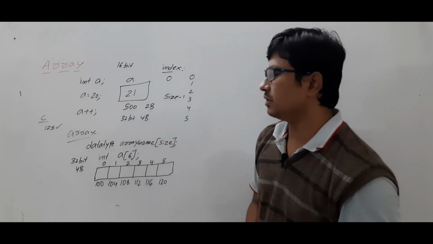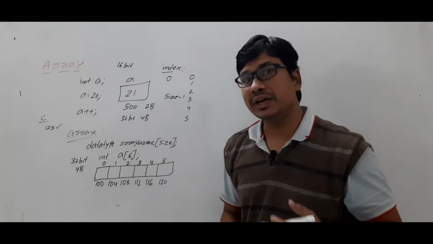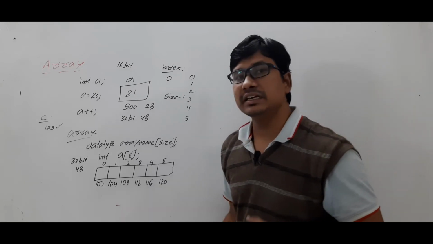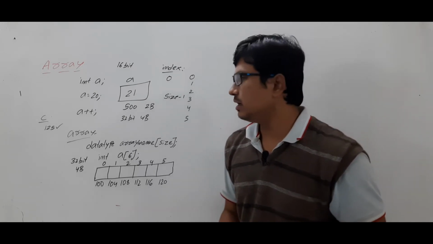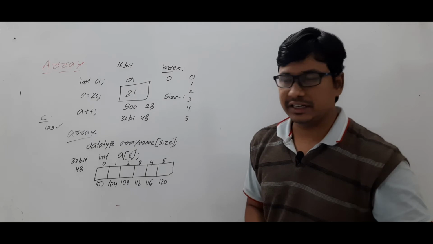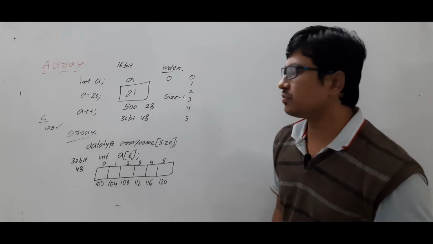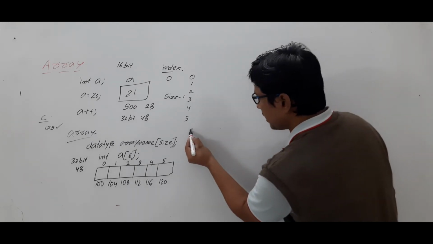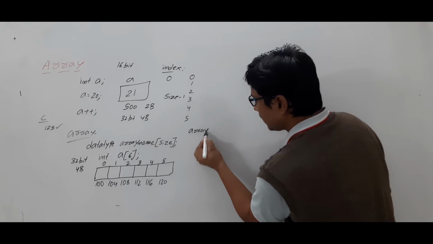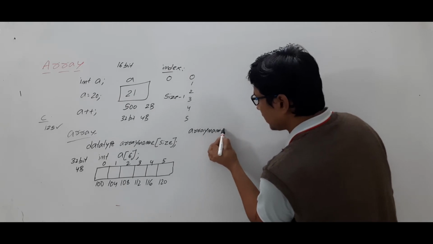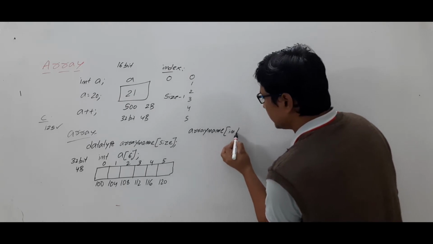So this is about them. Now you can ask me, how can I access each element? Is it clear? Now, if you want to access any element, you need to specify two things. You have to specify the array name and the index.